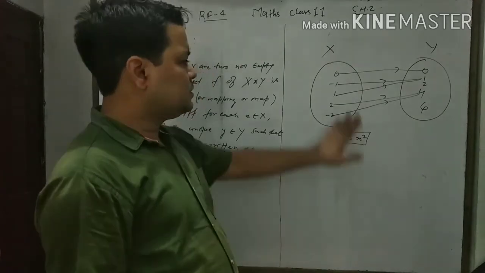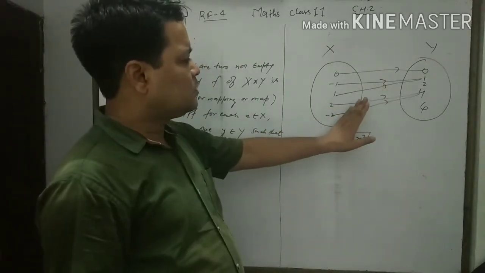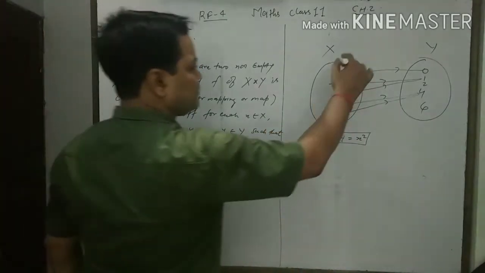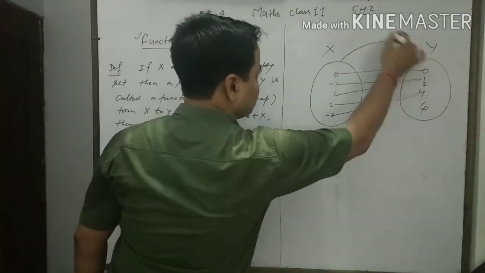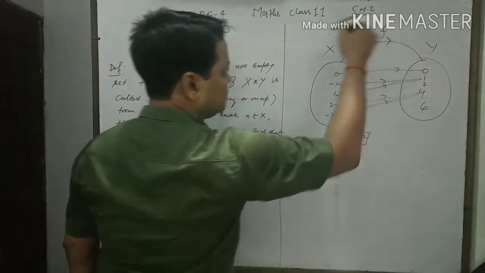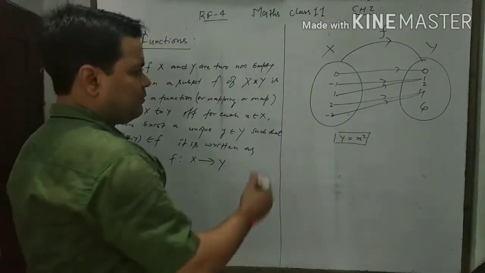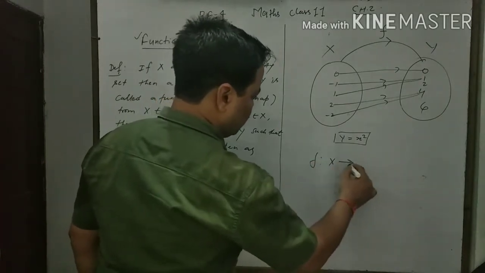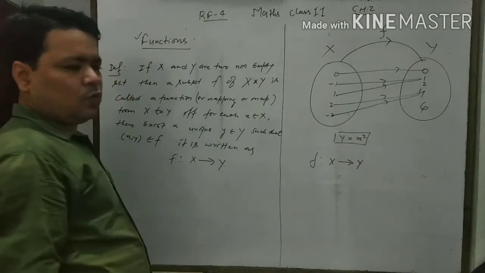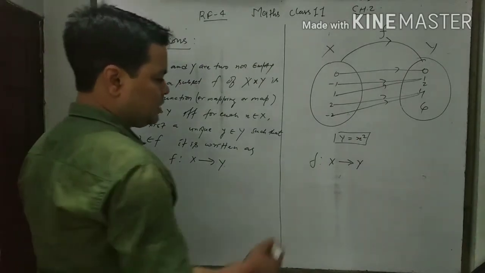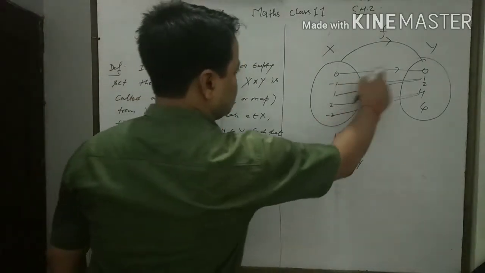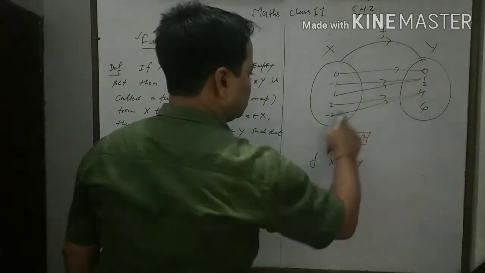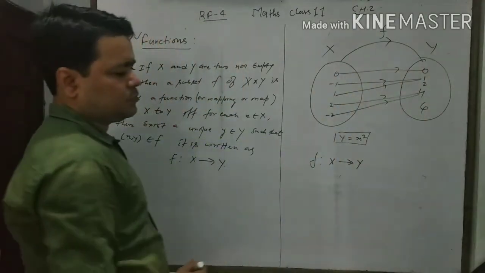This is also an example of a function. Let the relation be defined by f. Then we can define f from X to Y, in which f is 0 to 0, -1 to 1, 1 to 1, -2 to 4 and 2 to 4, like this way.